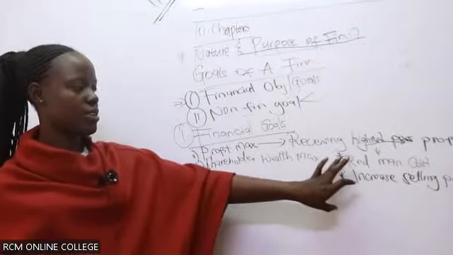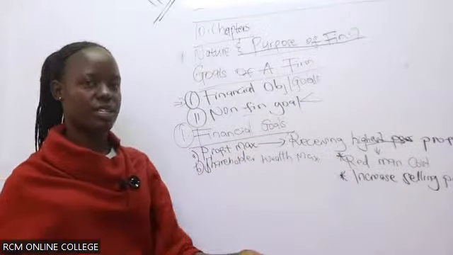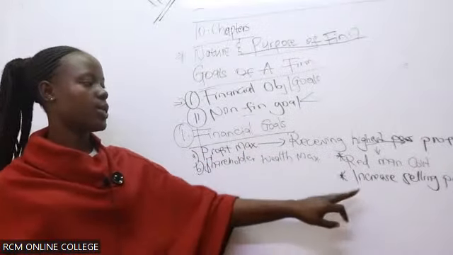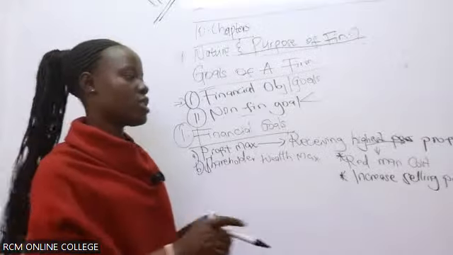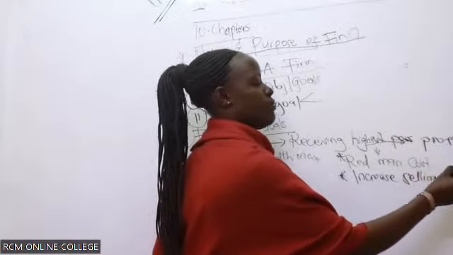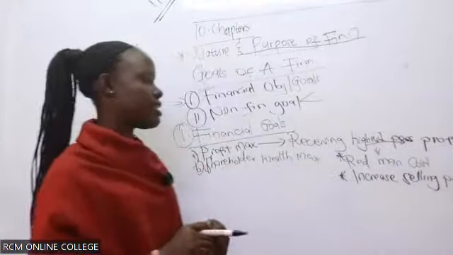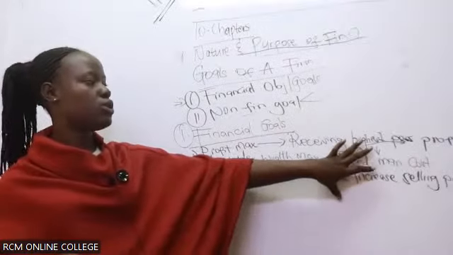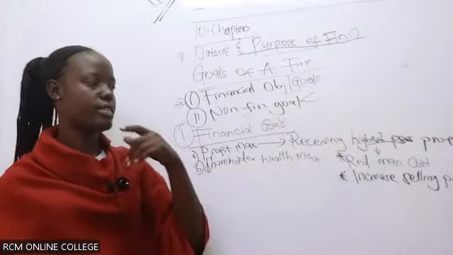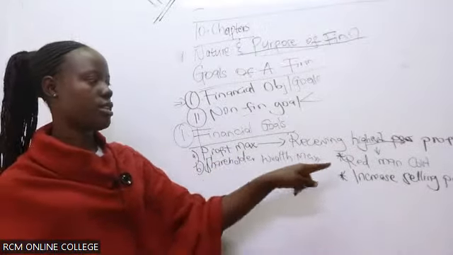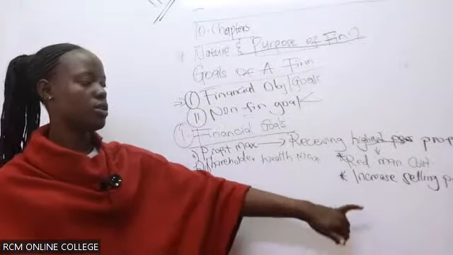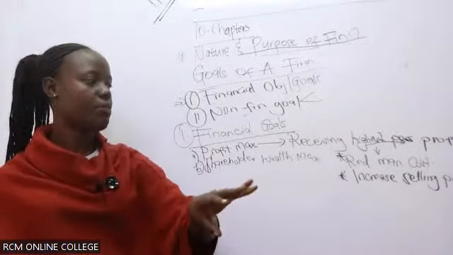You can say the first one, they can reduce their manufacturing costs, and also increase their selling price. So these are the two main ways through which the finance managers can receive high profits for their organization.